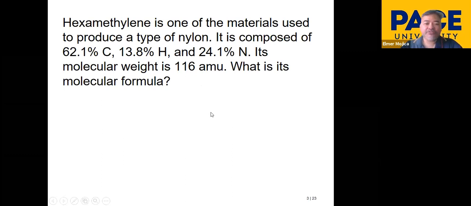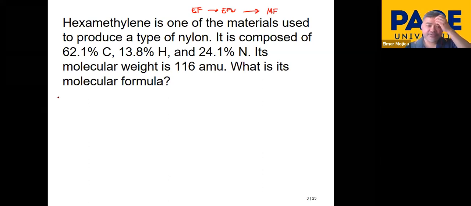So the same thing that you're going to do, but with the addition of determining the molecular formula. So you determine the empirical formula and then get the empirical formula weight, and then from that you can determine the molecular formula. So it's the same thing that we have: 62.1 grams carbon, 13.8 grams hydrogen, 24.1 grams nitrogen.